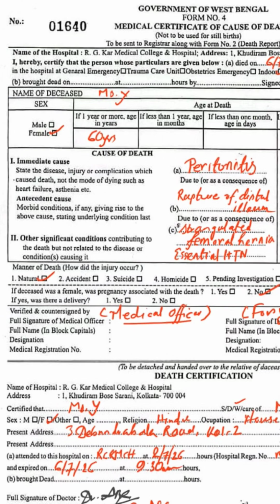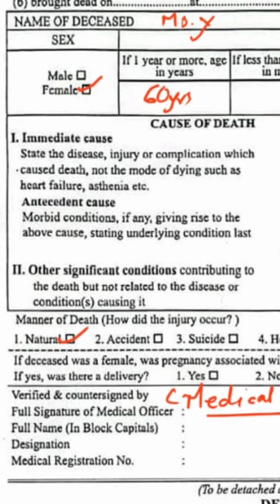Now the important part of this MCCD, that is the cause of death. This section must be completed personally by the attending doctor, or by using the information given in this question. The MCCD part has 2 parts. You will see the immediate cause, stating the disease, injury, or complications, and the other significant conditions in part 2.